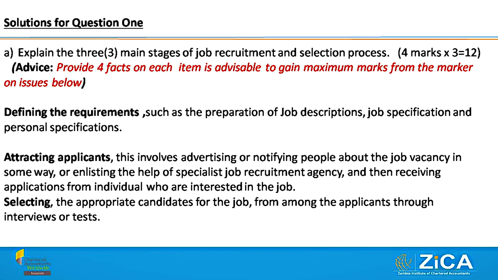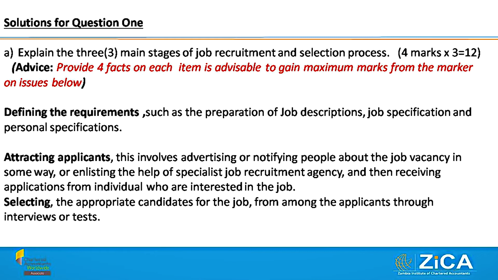And the marks were 12. And therefore, it requires that the 3 things, each one of them has 4 marks. And therefore, the advice is to provide 4 facts on each item to get the maximum 4 marks for each of the items, so that when you have 3, you can have 12. And it's advisable to gain maximum points if you do so.